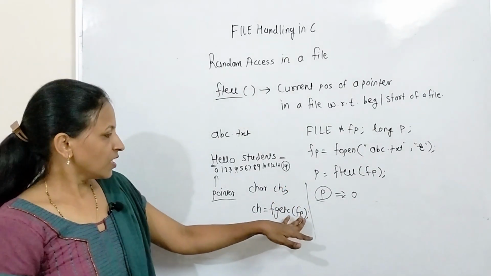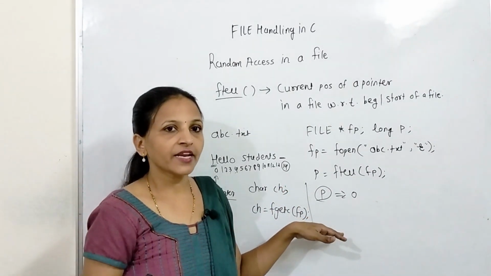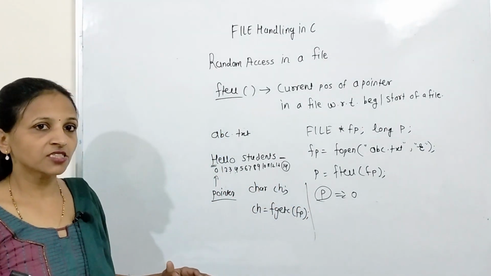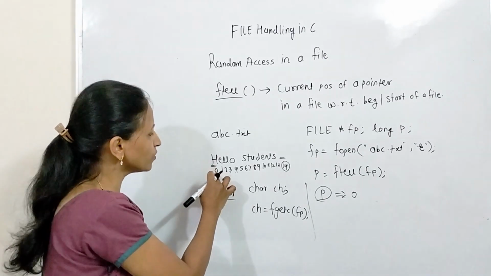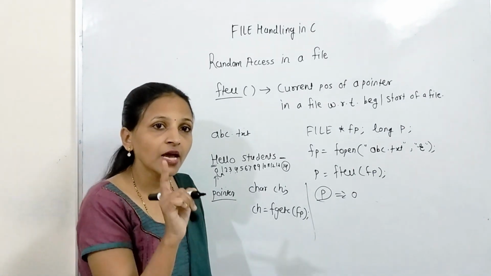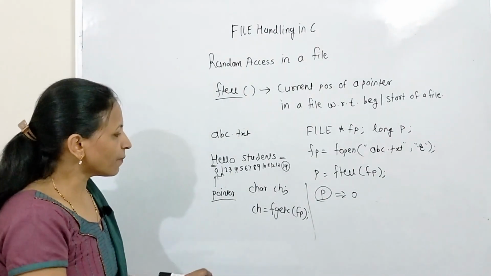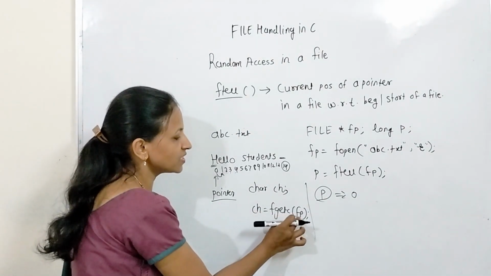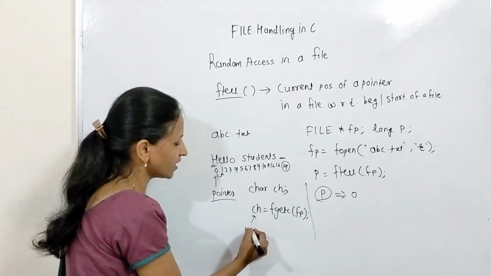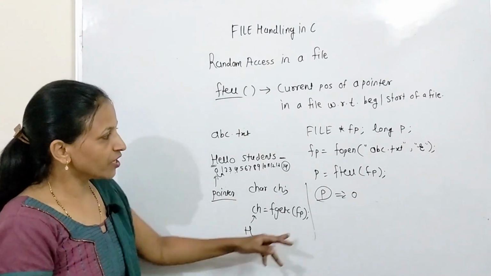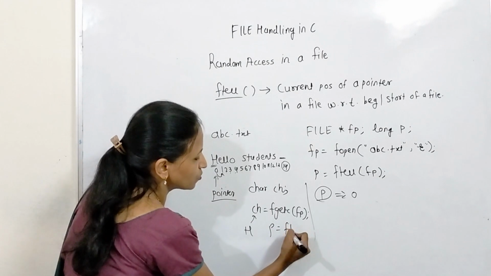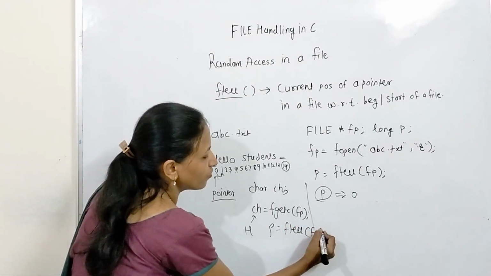Now this fgetc function will read a character from the file and will return it, and that will get stored inside ch, and at the same time it will move the file pointer to the next position whenever we use that fgetc function. See, we have called fgetc fp. Now inside ch, if we display that ch, then we will get h. And again if we call the ftell function after that, let me again write p equals ftell fp, then what will I get?